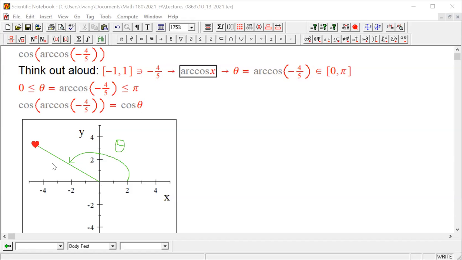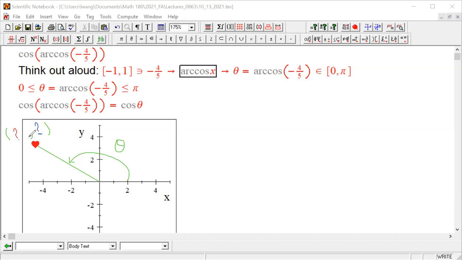So this point should have a red, and it should also have a blue. You have a red number, a blue number.